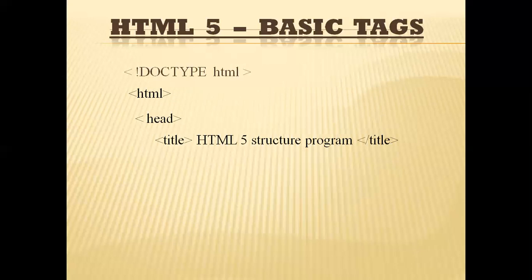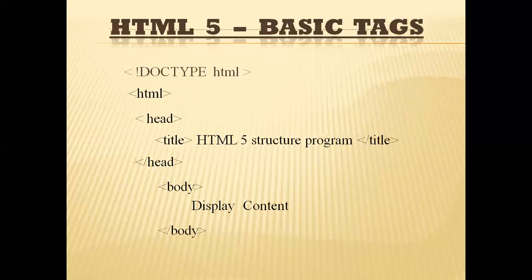You can write any text here or the example program name which you are writing. Next will be the head tag which is closed and then proceeding with the body tag. Body tag will include all the content to be developed in the web page. Most of the tags are included in this section. Whatever content, heading, paragraphs, table, images, frames, whatever you want to display will be displayed within this section, the body and the close body.